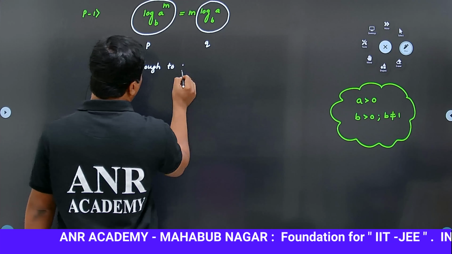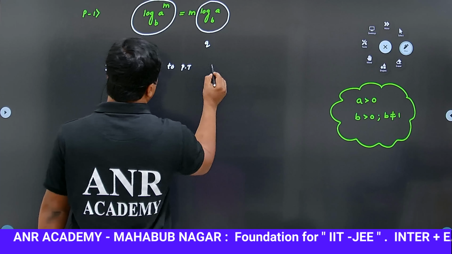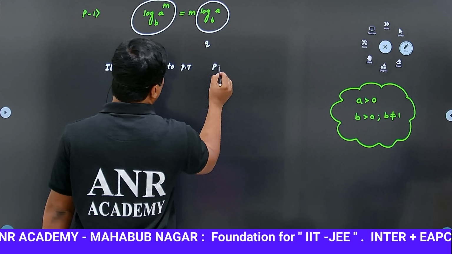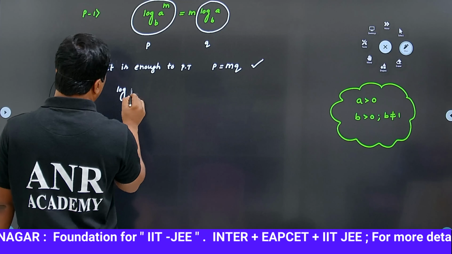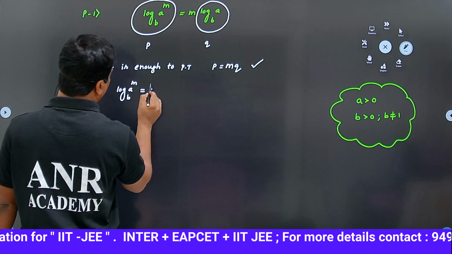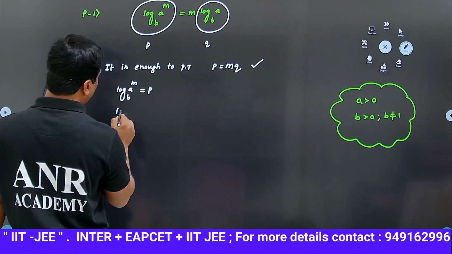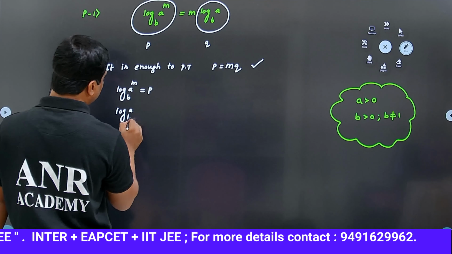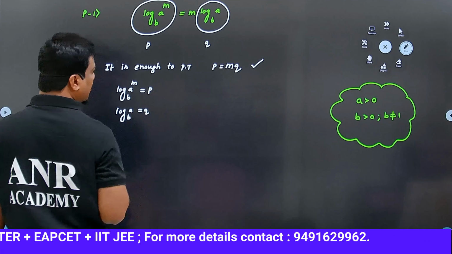It is enough to prove that here p equal to mq. Okay, when you choose log a power m to the base b equal to p and log a to the base b equal to q.